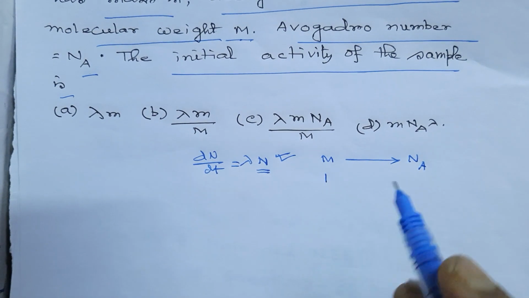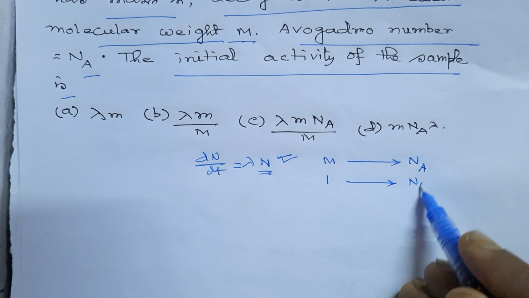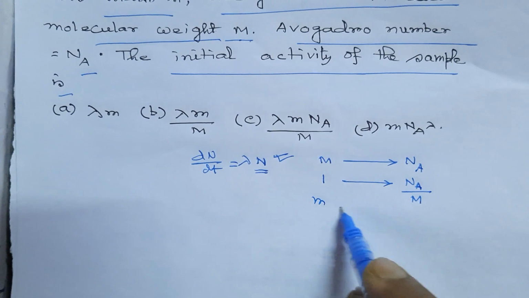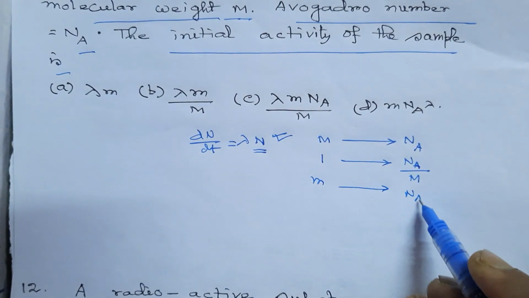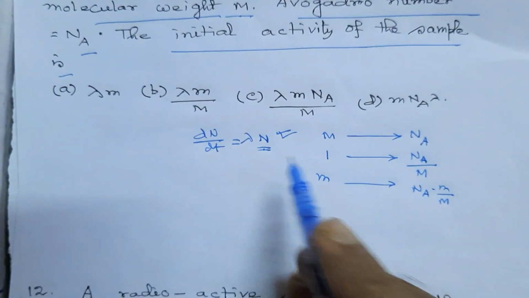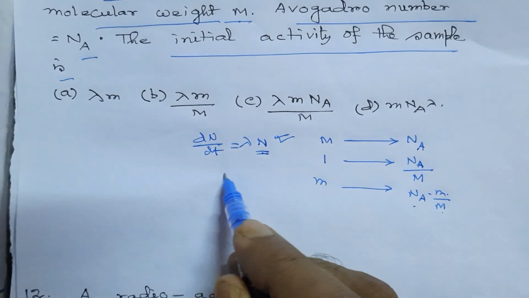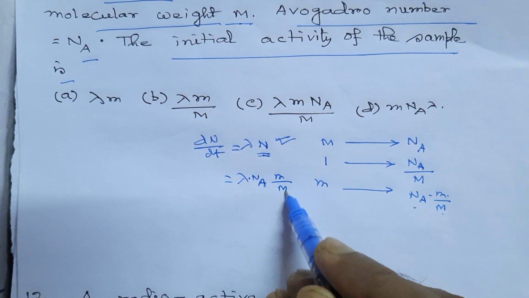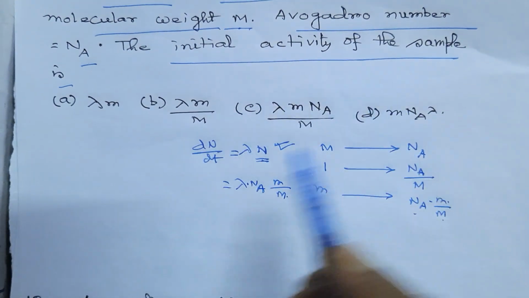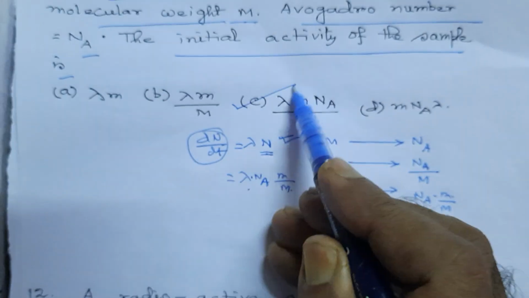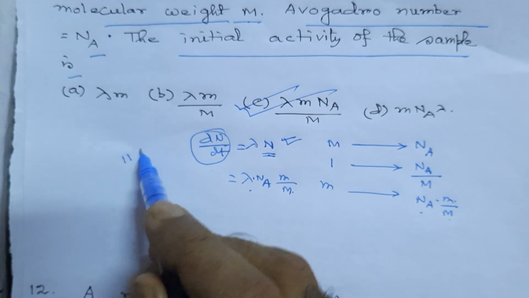So for 1 unit mass, the number of atoms present is Na by M. So in small m mass, the number of atoms present is Na into small m by capital M. So we should replace n by Na into small m by capital M. So lambda into Na into small m by capital M. So dN dt, the rate of disintegration, that is the activity, initial activity is lambda m Na by capital M. That is, option C is the correct one. So 11C is our choice.